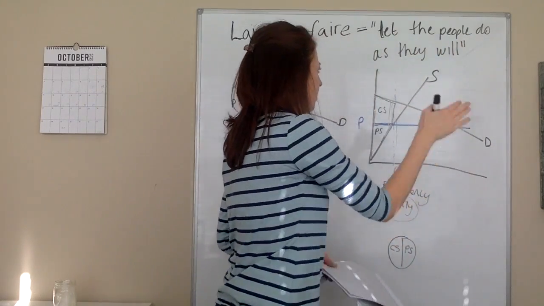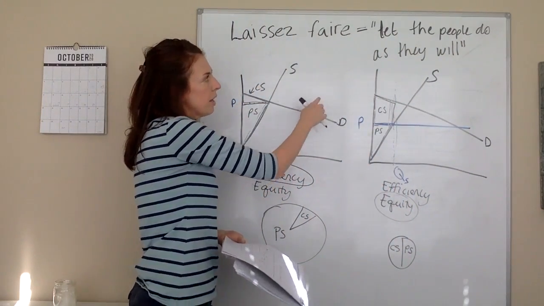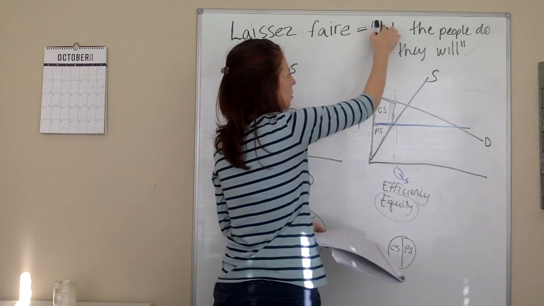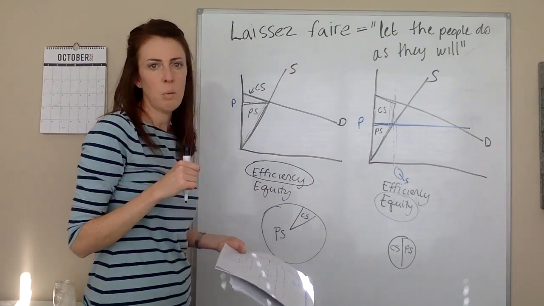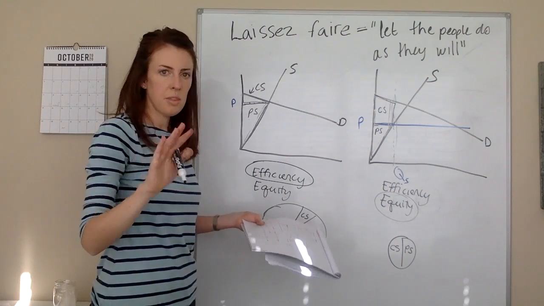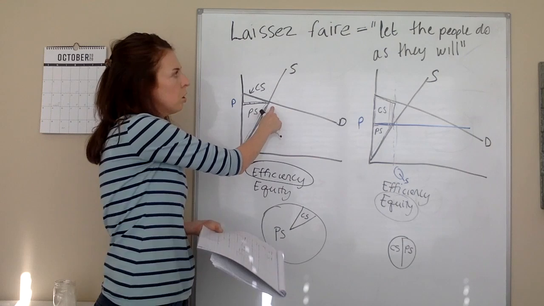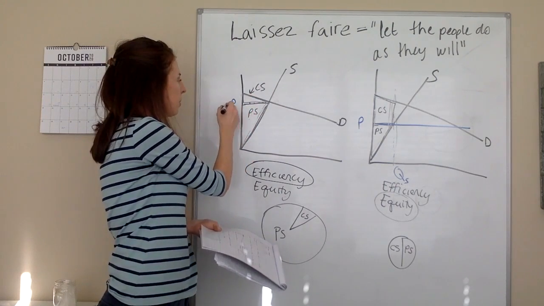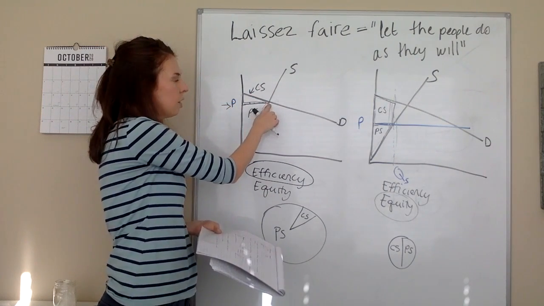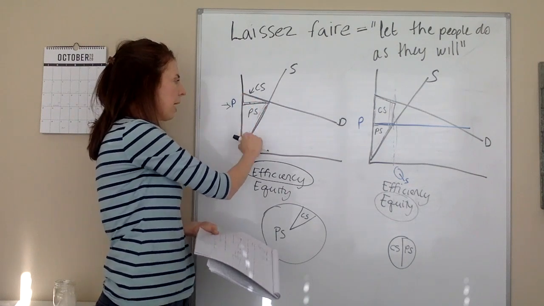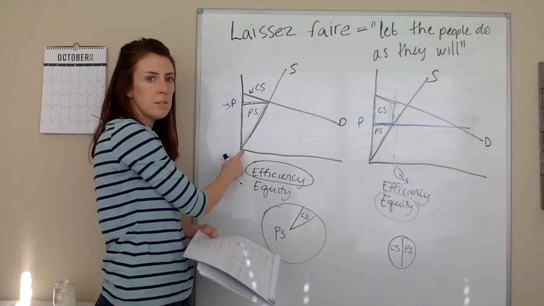Okay, how does that translate back to this? If you let people, which are players in markets, do as they will, then that means you just let them do what they're going to do, and the market just shakes out, and you end up at the equilibrium. So if you let people do as they will, you're going to end up at the equilibrium price. If you end up at the equilibrium price, you're going to maximize total surplus.